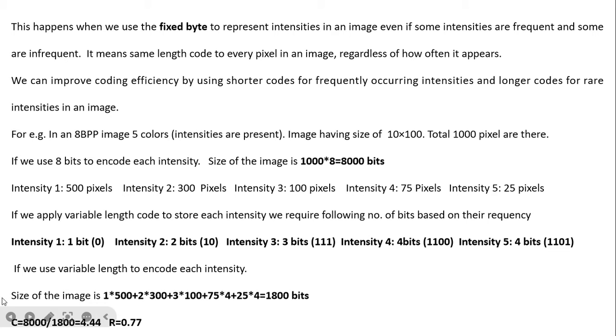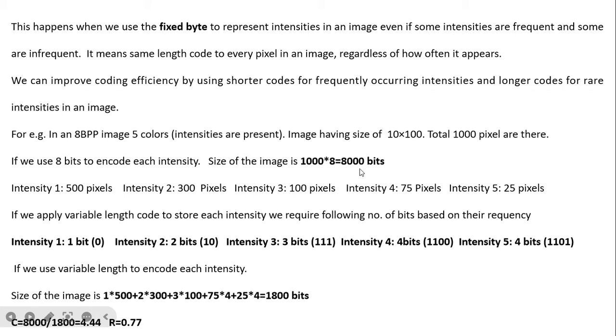Then if we use variable length code to encode each intensity, to encode these 500 pixels we are using only 1 bit, the next 300 pixels we are representing with 2 bits, 100 with 3 bits, and intensity 4 and 5 with 4 bits. So the total is 1800 bits.